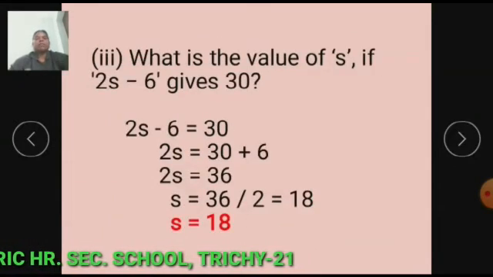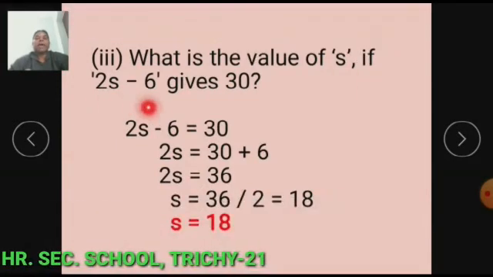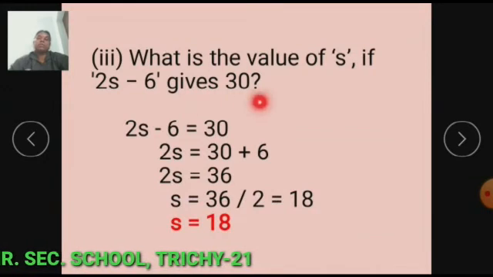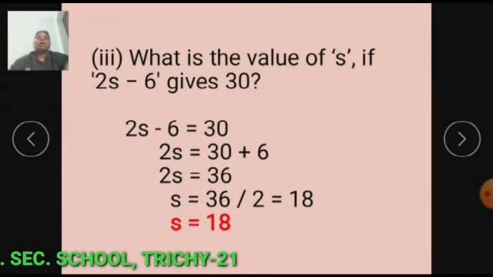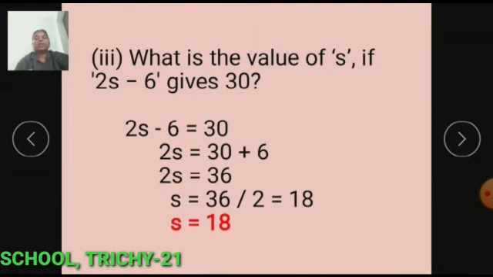Question number 7. What is the value of s if 2s minus 6 gives 30? First we write the algebraic equation and then we find the s value from the equation. The algebraic equation is 2s minus 6 equals 30. From this equation we can find the s value.